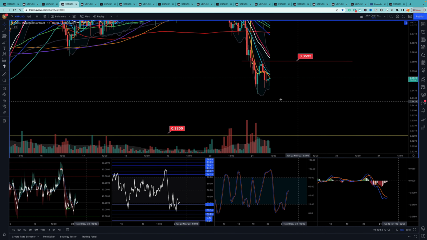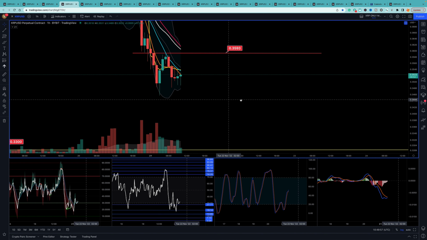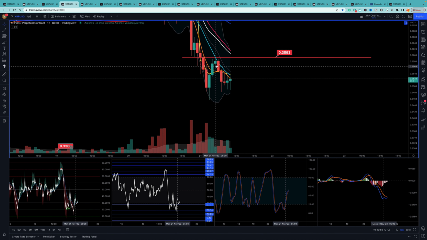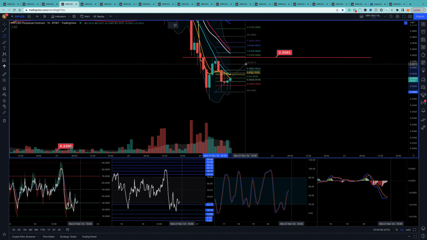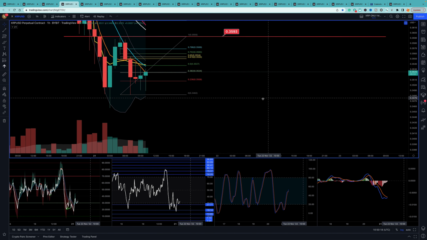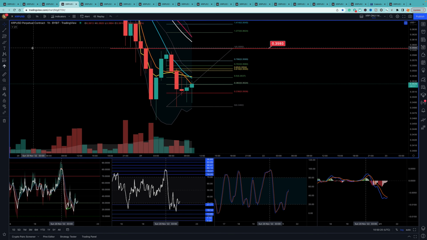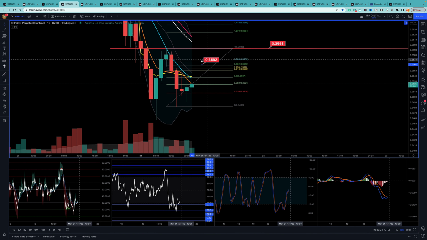If you were looking for a short, you're not in one. Potentially this drop here could be a range where you might be able to get a short in. So possibly this might come up one last time and have a touch. I'm really not sure.